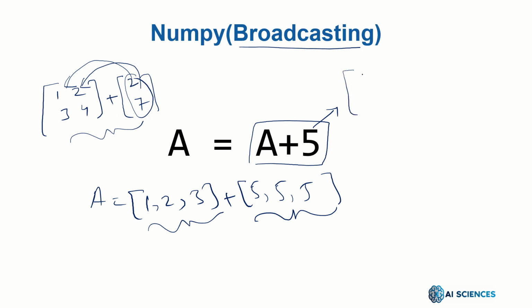But consider, for example, this situation: 1, 2, 3, 4, and you want to add, let's say, 1, 2, and maybe 3. This is not possible.